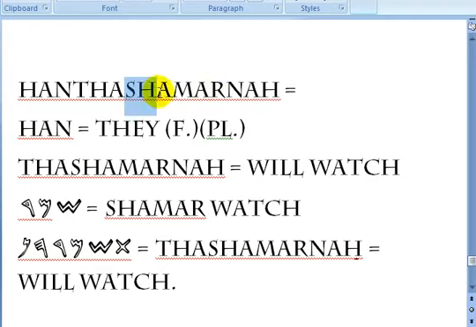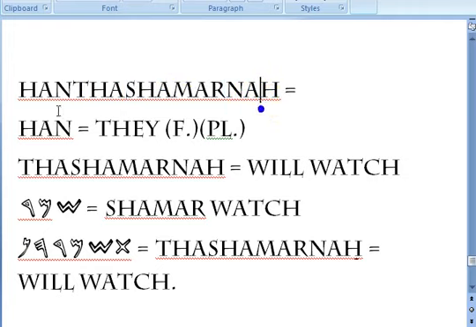And then what do you have here? You have the actual word shamar, which is watch, but you have the combination of letters here that make it future tense, and let you know that it's plural, right, because of the hun, and also lets you know that it's speaking about a female because of the construction of the word.